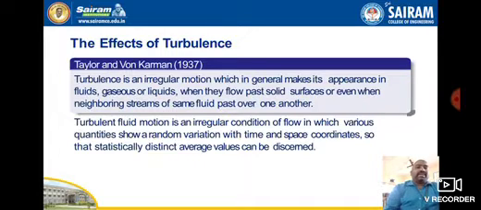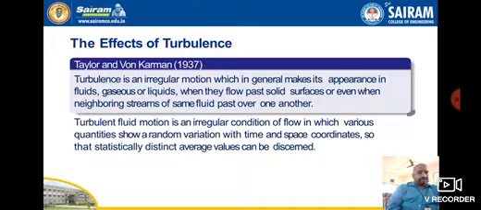Then the effect of turbulence. In the year 1937, the scientists Taylor and Von Karman found the turbulence effects in fluid flow over an object or surface. Turbulence is an irregular motion which generally makes its appearance in fluids, gases or liquids, when they flow past solid surfaces, or even when a neighboring stream of the same fluid passes one over the other.